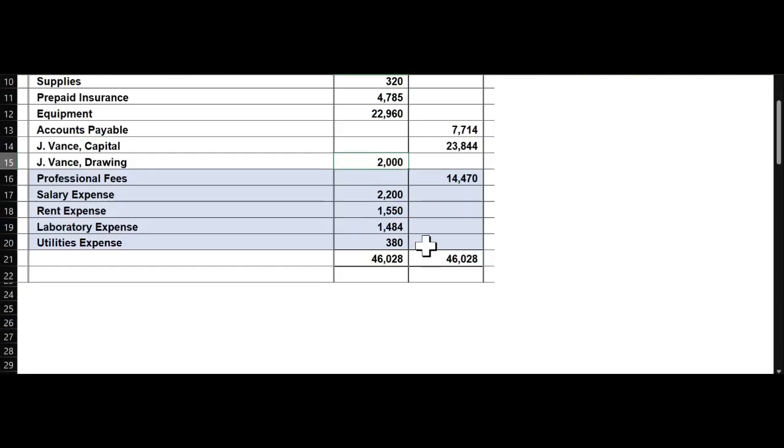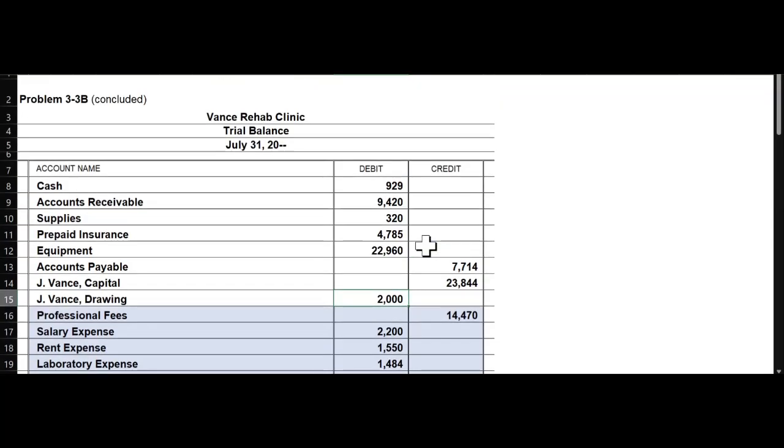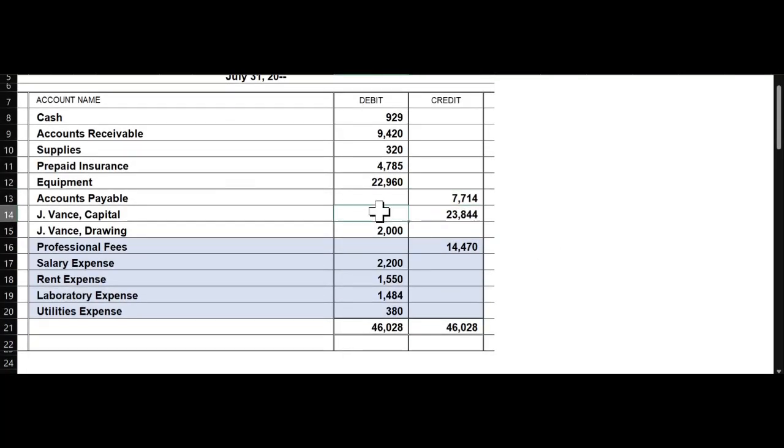All of that would occur, as you may remember, from Chapter 2 in the statement of owner's equity. And then in the balance sheet, we would show all the assets, show the liabilities, and then show the balance from the statement of owner's equity, which would be this balance, opening balance, plus the net income from here, minus the withdrawal for the period.